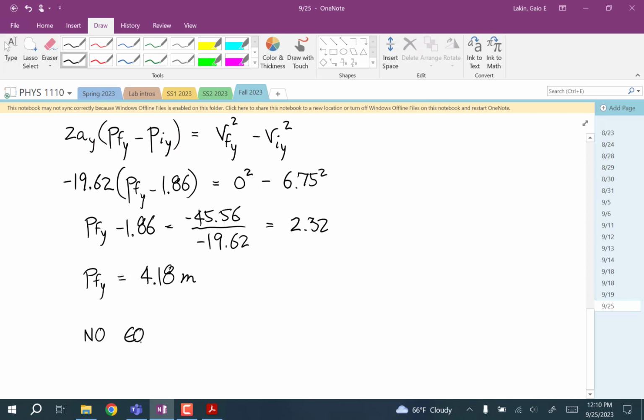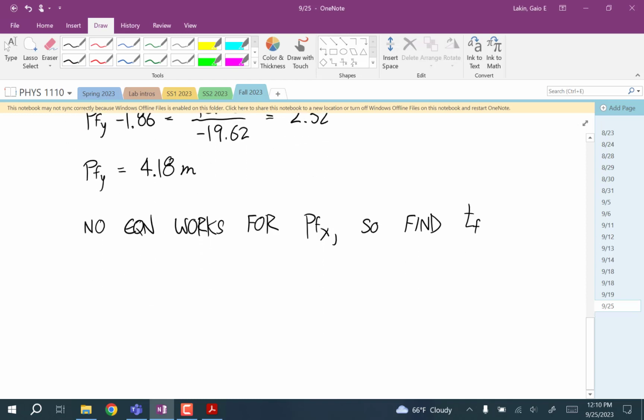No equation works for PFX, so find TF. And we can do that from this equation. VFY is equal to VIY plus AYTF.